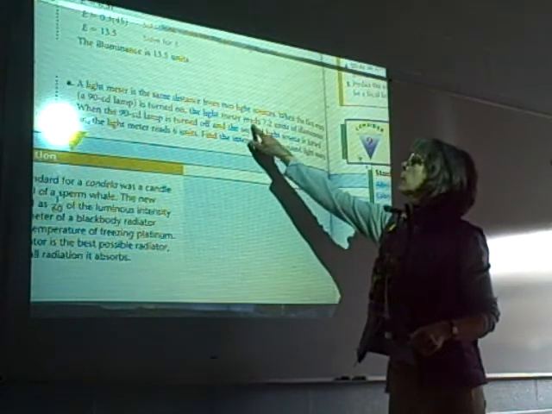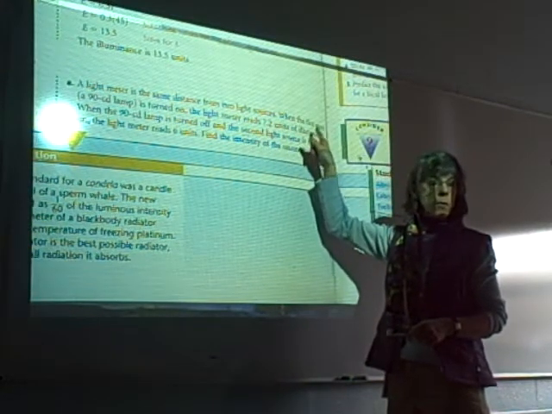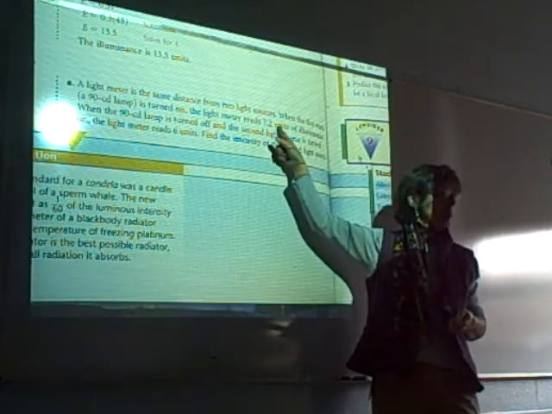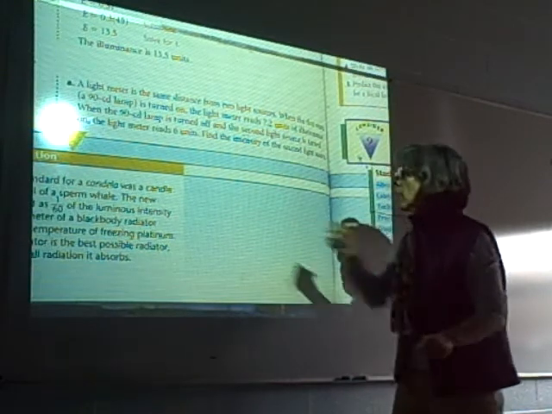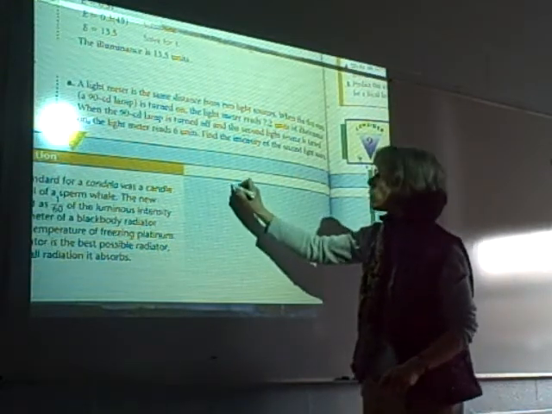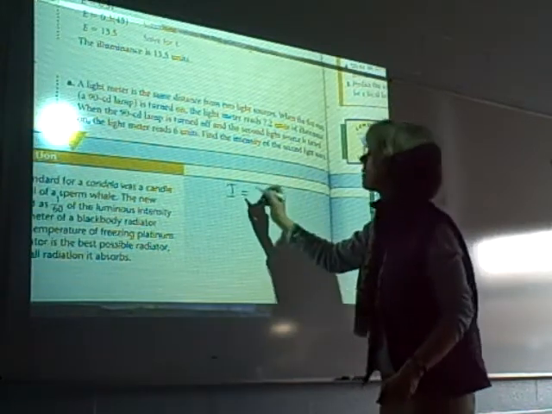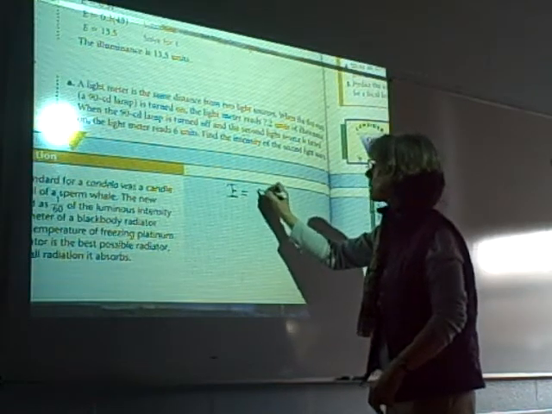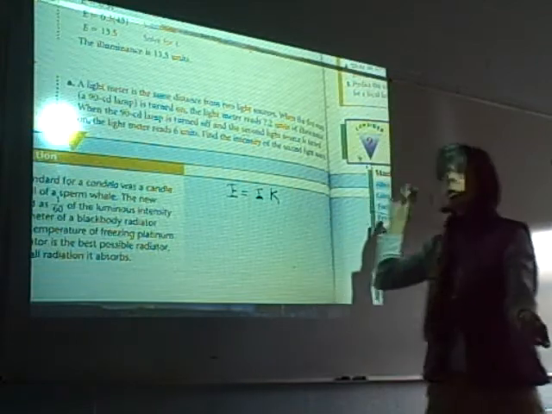Do we know what the illuminance is? The light meter reads 7.2 units of illuminance. So I know that the illuminance, which I think was E, is dependent on our K, or our intensity times our K, correct?